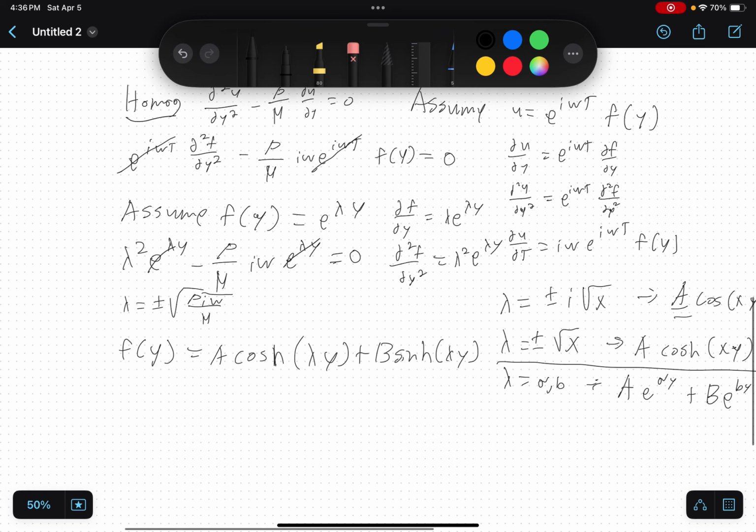I'm going to keep it as lambda because I don't want to rewrite this whole thing each time. Technically, it's not the same lambda because this lambda is plus minus. Both of these could technically be plus or minus, but I'm going to assume they're plus and not worry about it.